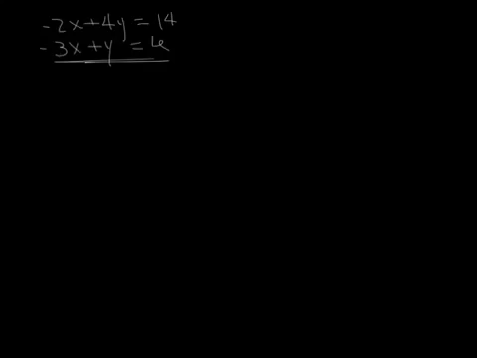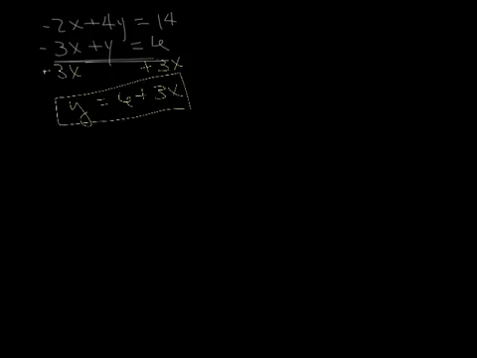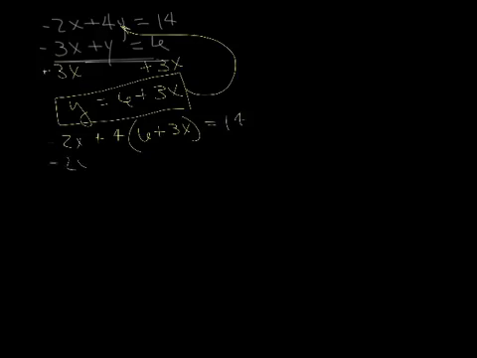So let's go ahead and add 3x to both sides, and I get y equals 6 plus 3x. So there's what my y value equals. So I'm going to take 6 plus 3x, put it in there, and I'll have my equation with just one variable, plus 4 times, again, parentheses, and distribute.